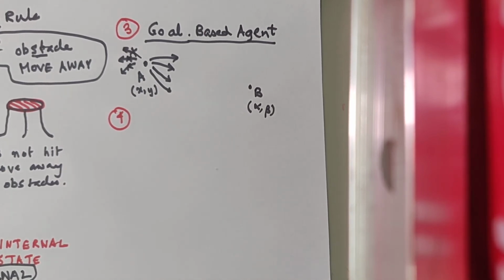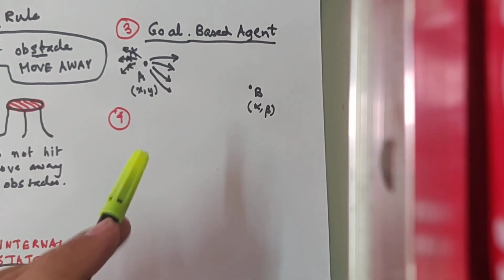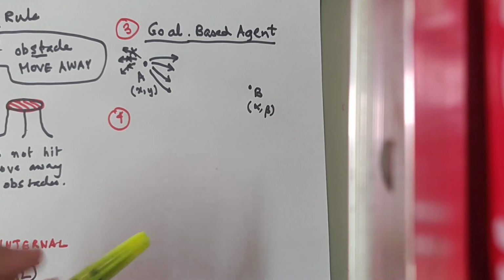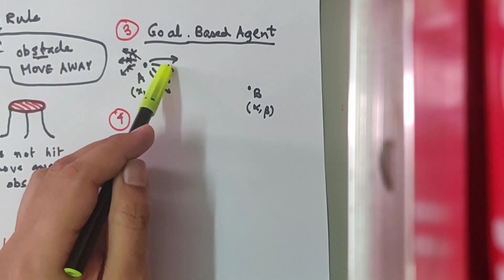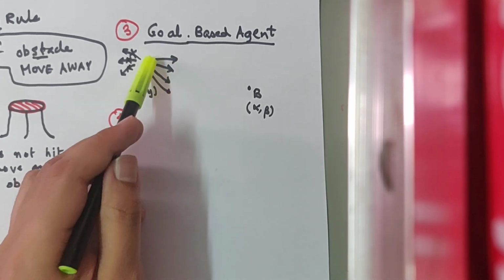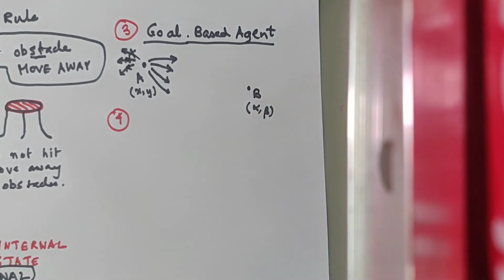By that I mean, for example, in our case of this moving robot, it should take the least distance path out of the many different paths that it can take to reach B. It should take the least length path.